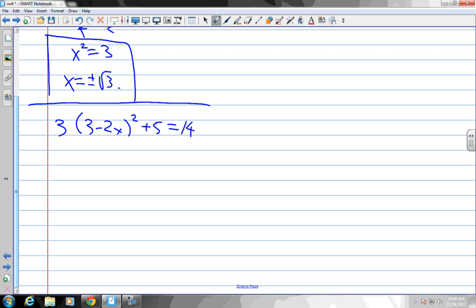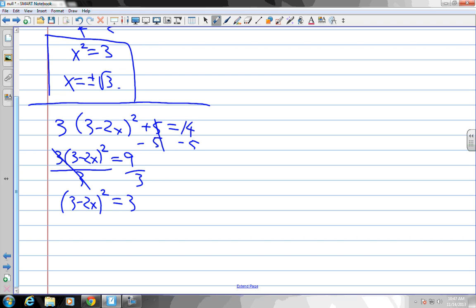So I don't have to open up any parentheses and try to factor, because again, remember that factoring is a pretty rare occasion. Most things do not factor nicely. So subtract 5 from both sides, you get 3 times blah equals 9. Get rid of the 3 in front, so divide both sides by 3. So that is (3 minus 2x) squared equals 3.